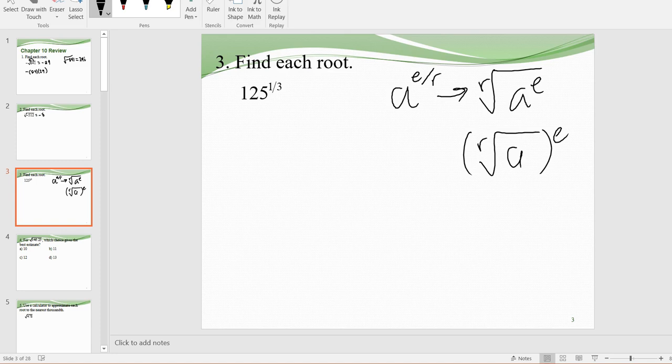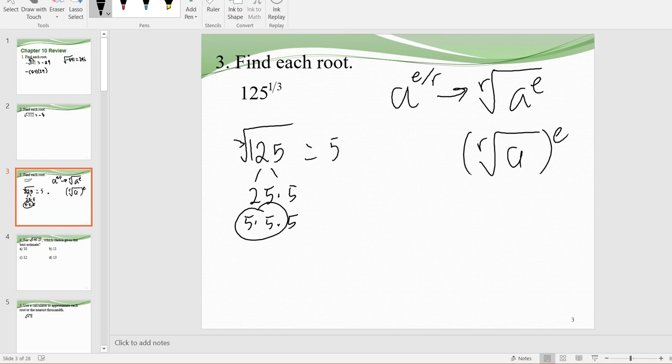So this is the same thing as the third root of 125 in the denominator, and the third root of 125, since that is 5 times 5 times 5, is going to be a 5. Oh, wait, no. We're looking for groups of 3 in a third root, so it's just 5.